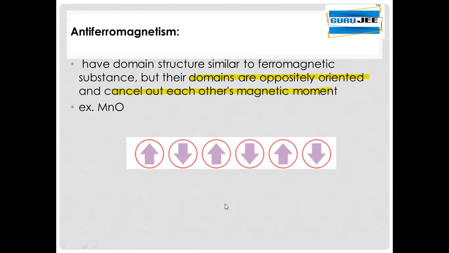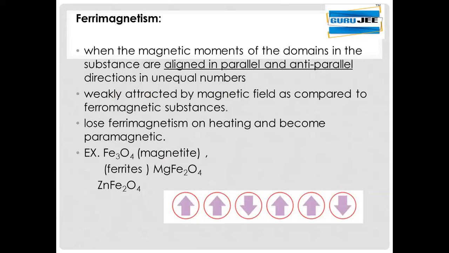So the electrons with the same spin are in unequal numbers, isn't it? In antiferromagnetism, you can see the same number of electrons with equal spins. But here some of the electrons have spin up moment, but their number will not be equal to the electrons with spin down. So the substances are aligned in parallel and anti-parallel direction in unequal numbers.